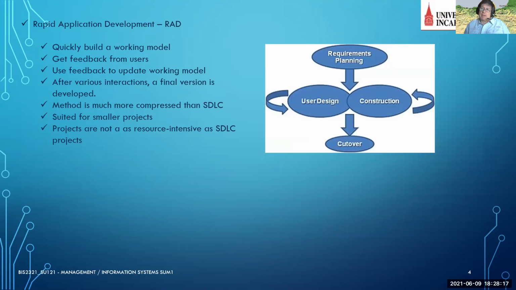Then you have rapid application development, or RAD. It's a model that in essence is used for building working models very quickly and getting feedback from the user. As the feedback is received, the model is updated and put out again, more feedback is received, more updates are made.